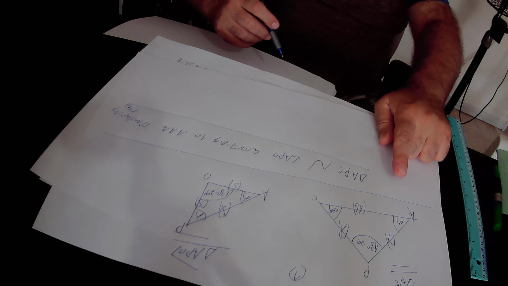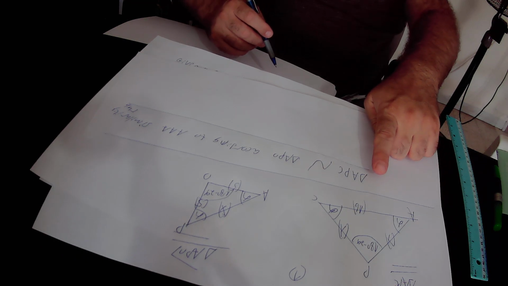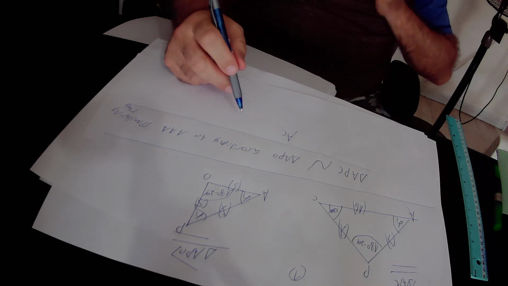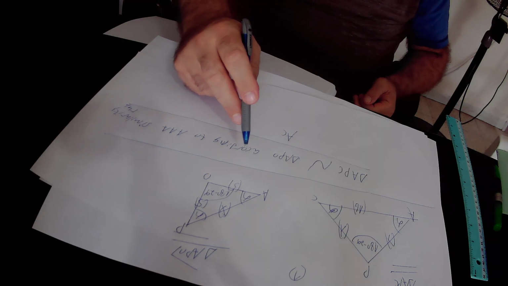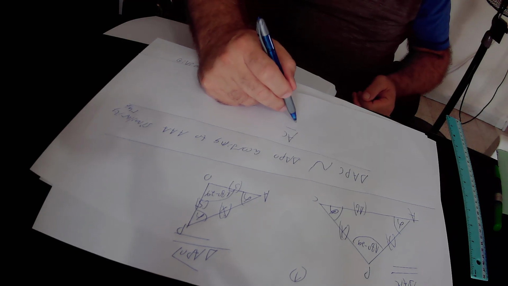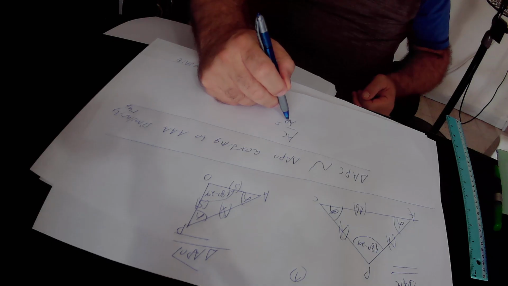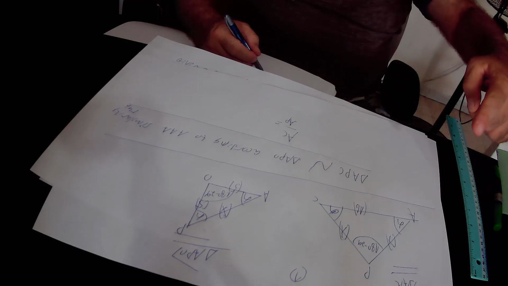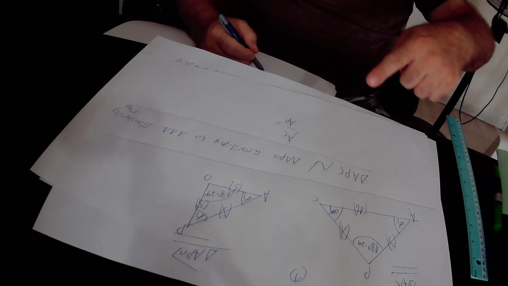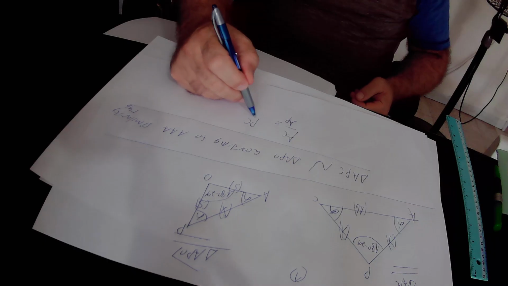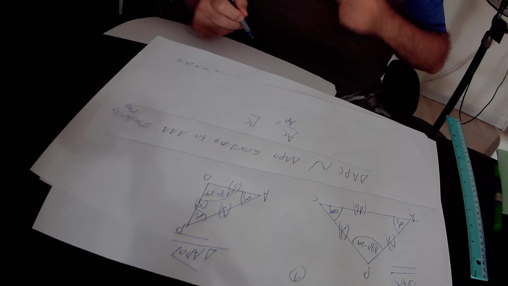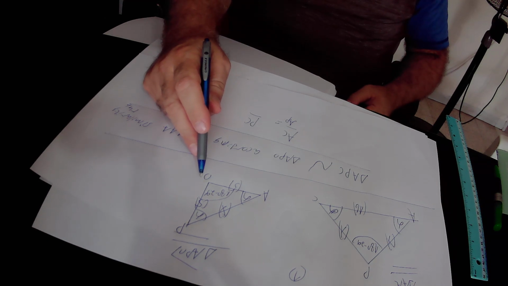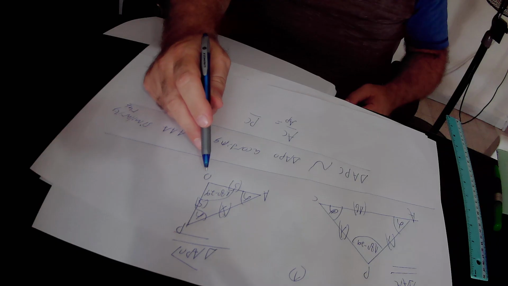Side AC of the big associated triangle APC over side AP of the small associated triangle APO is equal to side PC of the big associated triangle APC over side PO of the small associated triangle APO.